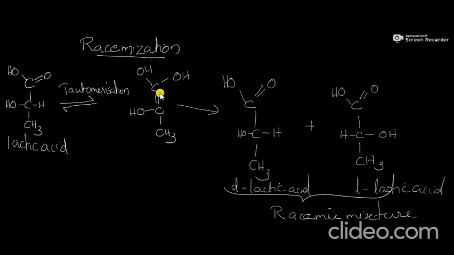And this we get the enol, C(OH)=C(OH)CH3, which is converted into a racemic mixture, that is a mixture of D-lactic acid and L-lactic acid, in the presence of a base. This reaction is known as racemization.